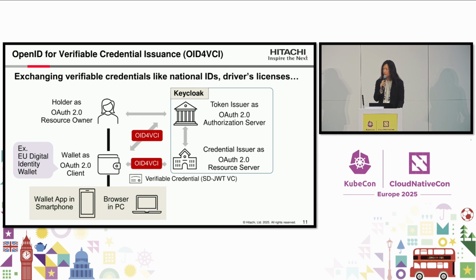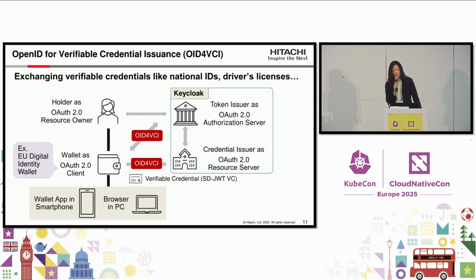So the OpenID Foundation developed the OID4VCI specification as such a communication protocol. By following OID4VCI, the wallet can request some type of VC from the issuer, and the issuer can issue this VC and send it back to the wallet.